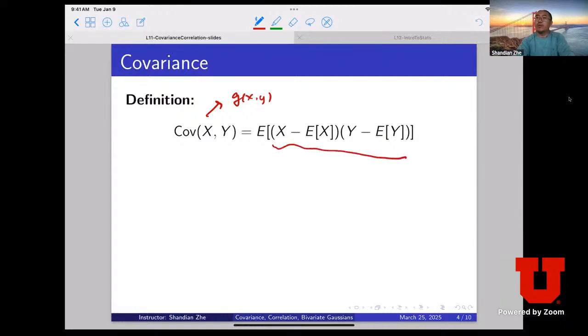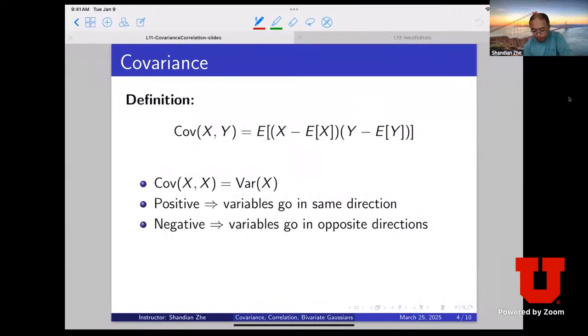It is not a linear combination of X and Y. Instead, it is a nonlinear form: the multiplication of the difference between X and its expectation and the difference between Y and its expectation. This forms our definition of g.